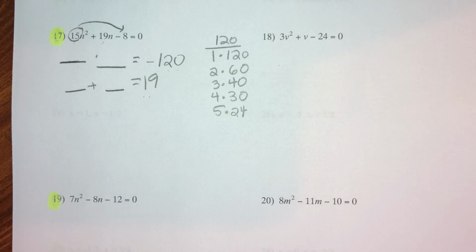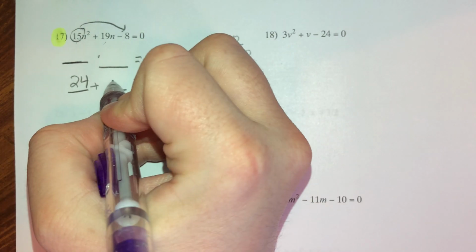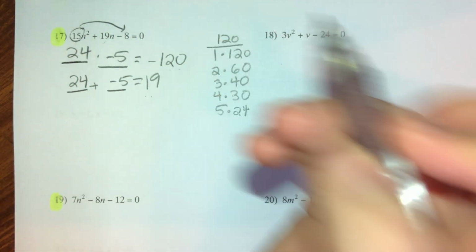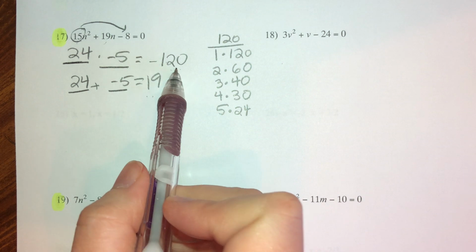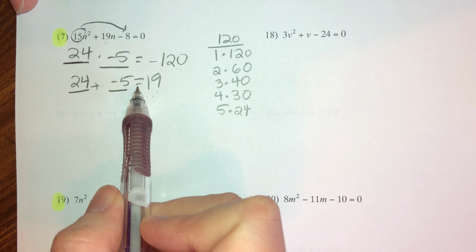And let's see, I could do 24 minus 5, and that would give me 19. Let's see if that'll work. And that does work to give me a negative 120 as well as a 19. So those are going to be my two numbers.